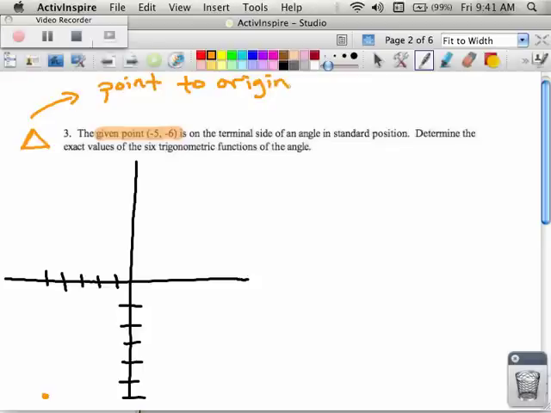So I go from the point to the origin, and from the point to the x-axis. Always. So the point to the x-axis, which means the x-axis is the other part of my triangle. So here it is. That's my triangle.